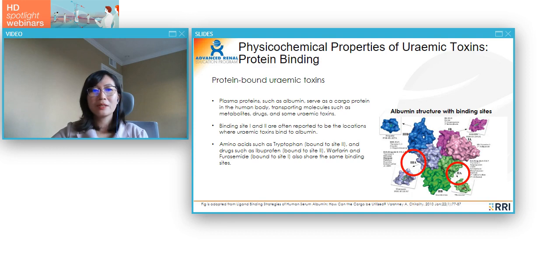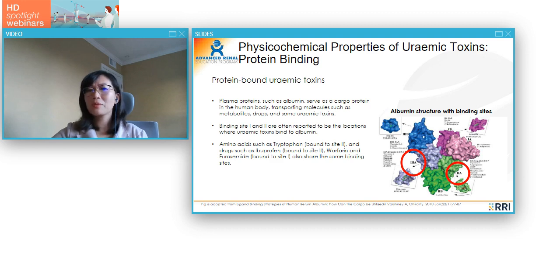So this comes to my favorite part of the talk. Some uremic toxins have relatively high affinity binding to albumin. As you know, albumin is a cargo that carries all sorts of substances in human blood.